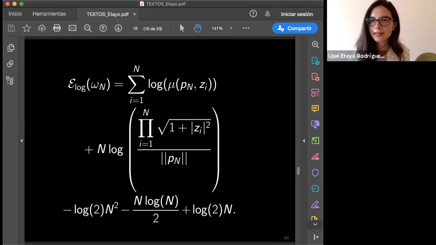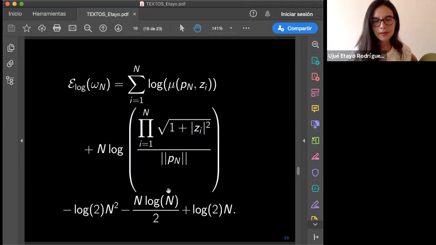This formula is telling us that the logarithmic energy of a set of points is, and here we have, the sum of the logarithm of the condition number of the polynomials at some roots. So this term involves the condition number of numerical analysis.